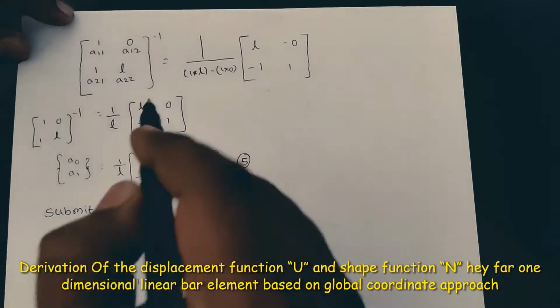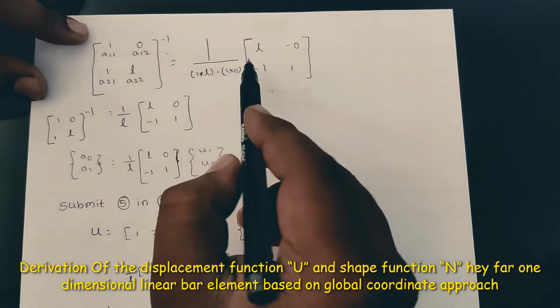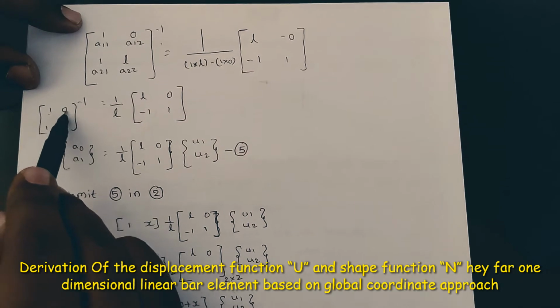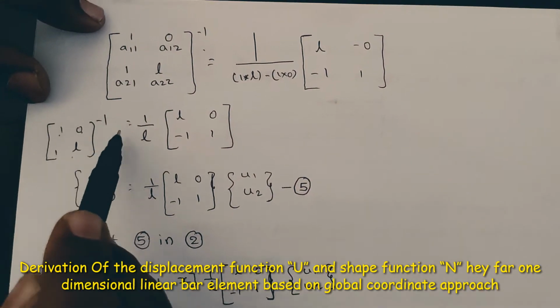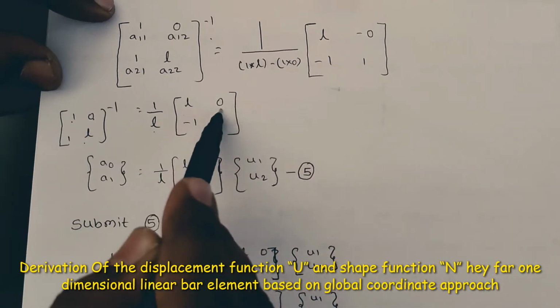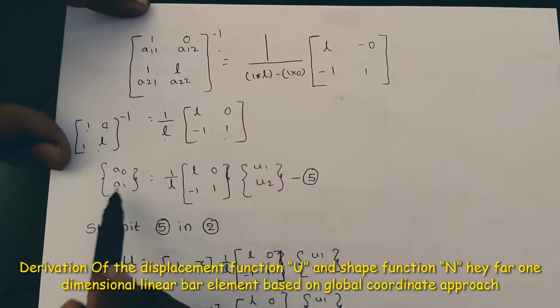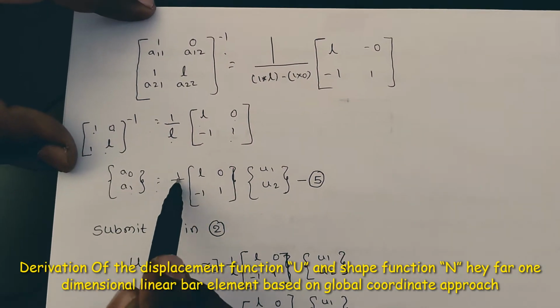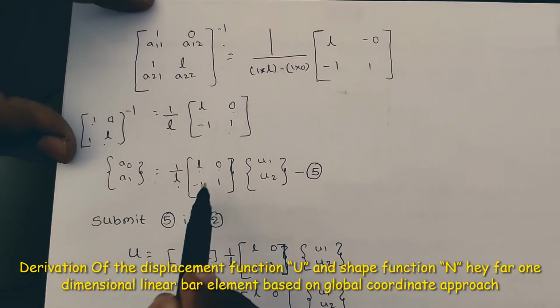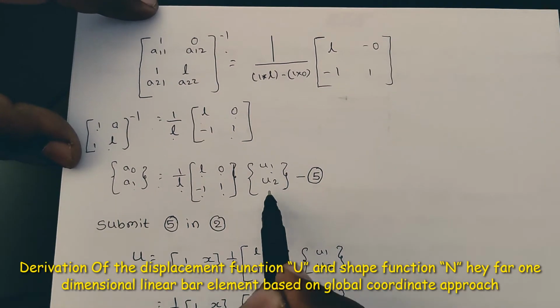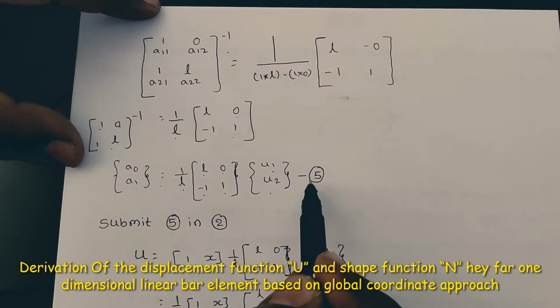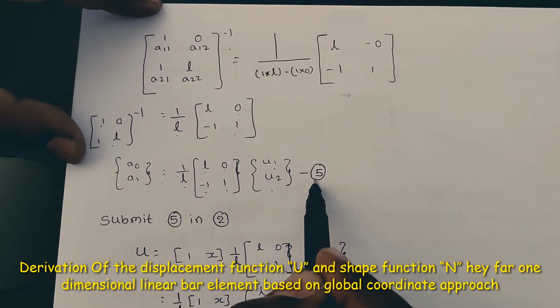Calculating the value, I get 1 0 1 L whole to the power of minus 1 is equal to 1 by L times L 0 minus 1 1. I substitute this into the equation: a0 a1 is equal to 1 by L, L 0 minus 1 1, u1 u2. This is equation 5. I am substituting equation 5 in equation 2.